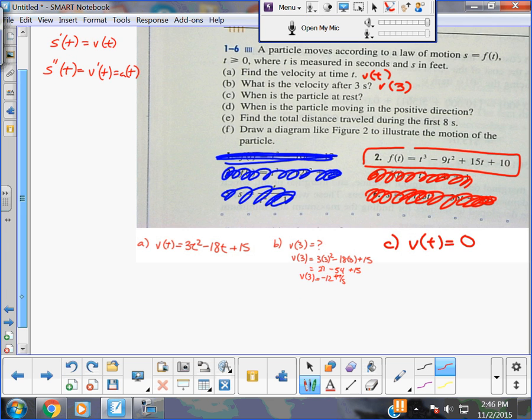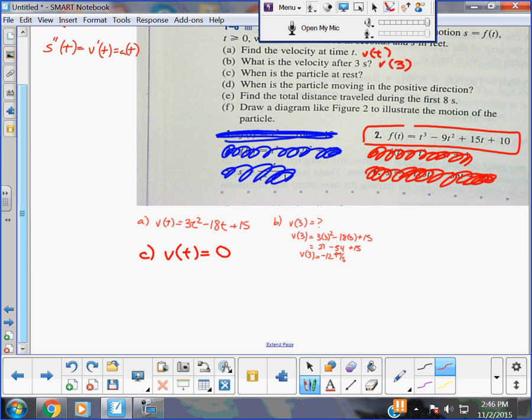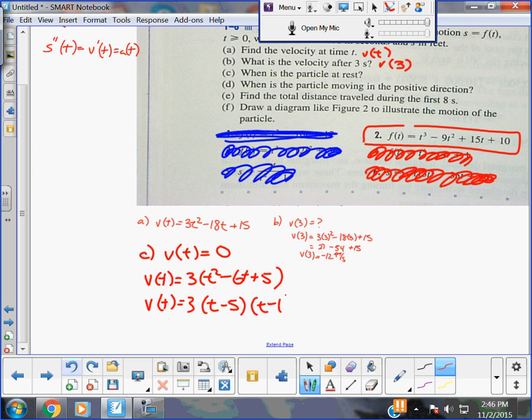Before you complete the square or do the quadratic, we want to factor. And I can factor v of t. I pull the 3 out, I get t squared minus 6t plus 5. And because I didn't butcher the problem incorrectly, you'll notice it factors into t minus 5 and t minus 1.